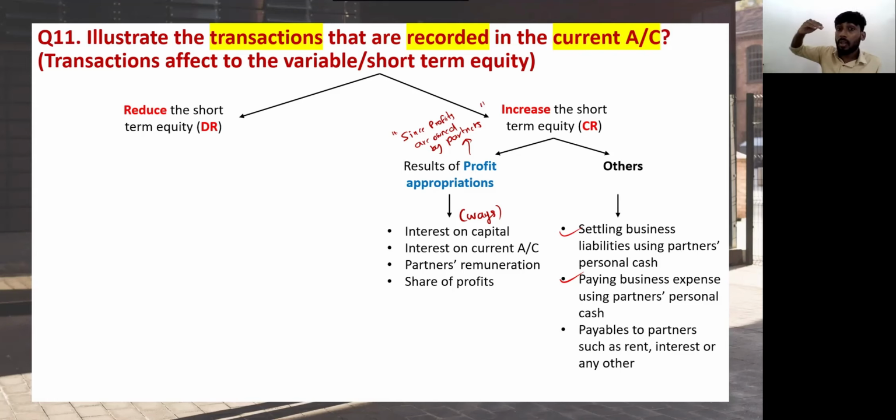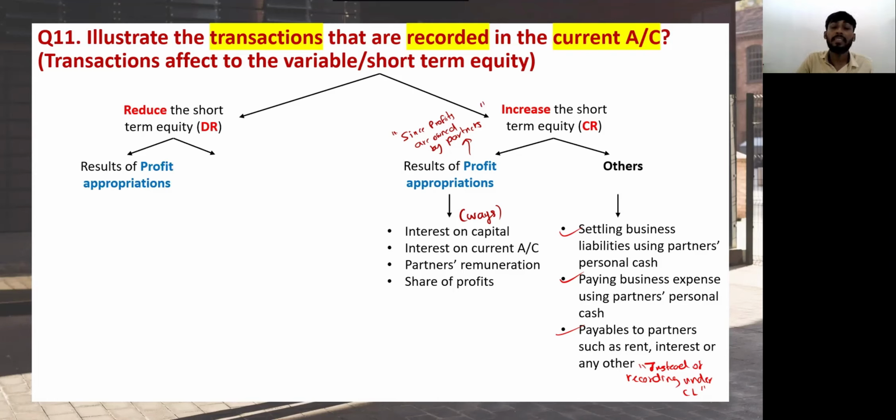So instead of recording as a current liability, we can credit that to the partner's current account. Okay, clear.